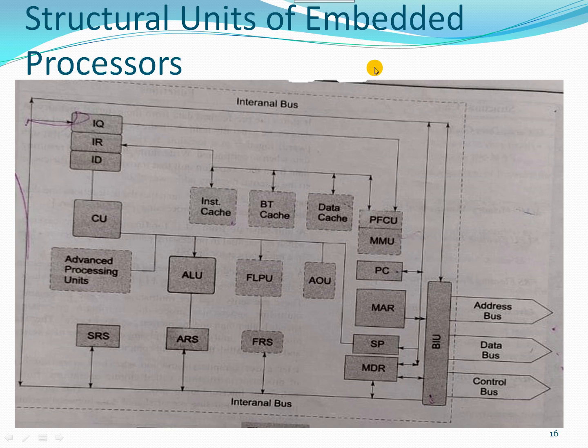Here you can notice many blocks are available, and we will discuss those blocks. Before going into that, you need to notice that there are some blocks with black outer lines, and there are some blocks with dotted lines. The blocks with the thick lines are common for all microprocessors.